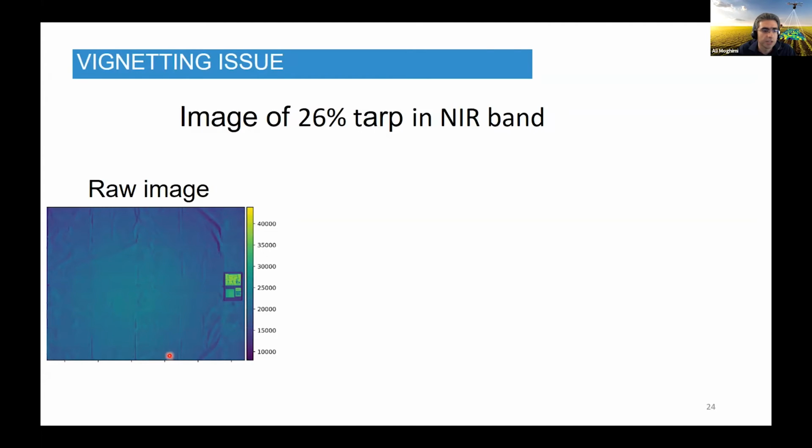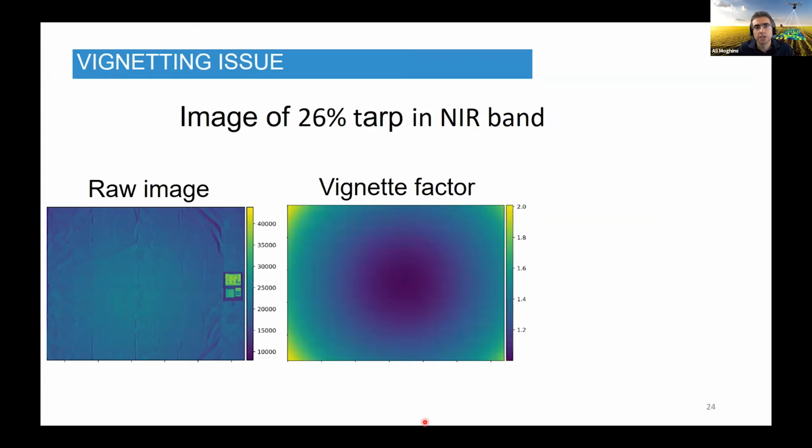This image was collected from our 26% TARP. And you can see pixel values in the center tend to be brighter. As we go to the corner, they tend to be darker. And then if you check the metadata of your images, for example, for MicaSense, you can find the coefficients and factors in order to compensate for that.